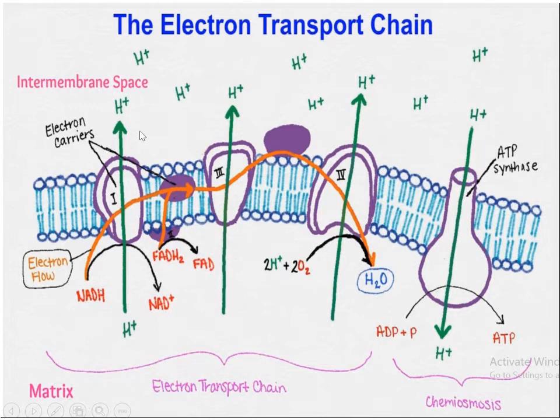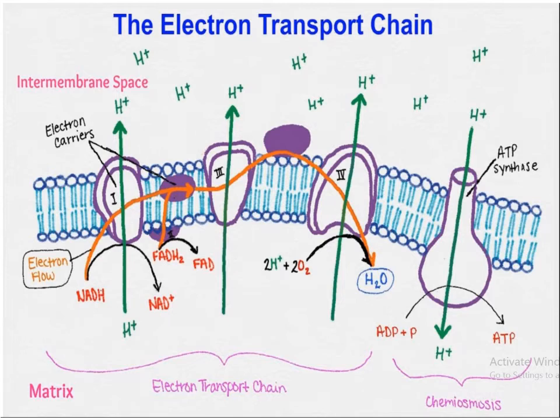As a result, the intermembrane space has many more protons than the matrix. Then complex 1 passes its electron to coenzyme Q.